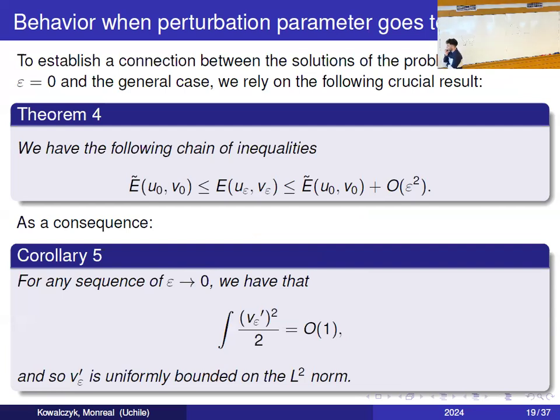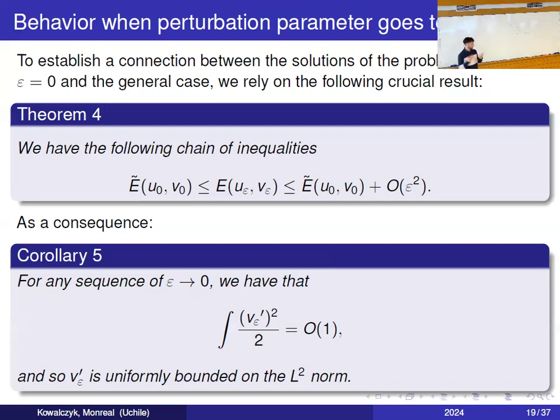Okay, this chain of inequalities, what tells us is the following. The first one is maybe very natural because it tells us that the energy associated to the Thomas-Fermi approximation takes lower values than the problem considering all the terms, even if we minimize. That is very natural. But the thing is that the difference between them is not that big, it is proportional to epsilon squared.